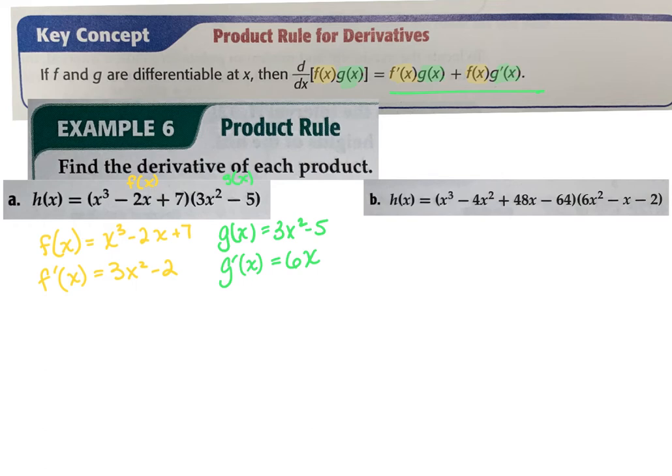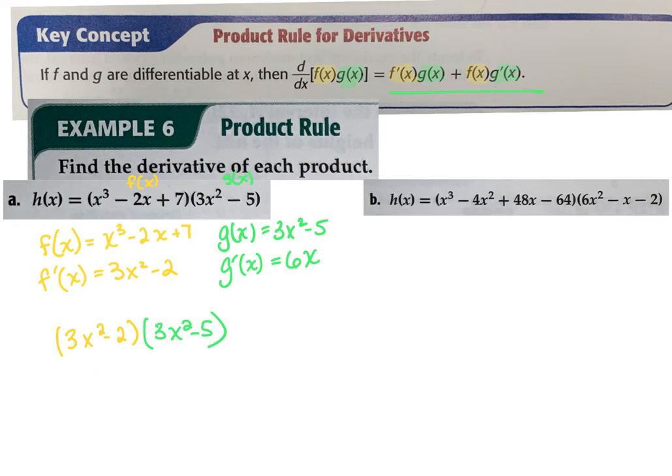All right, and so that's what I'm going to do. I'm going to plug it into my product formula. The product formula says I want the derivative of the first one. That is 3x squared minus 2, times the second one just the way it is, 3x squared minus 5.